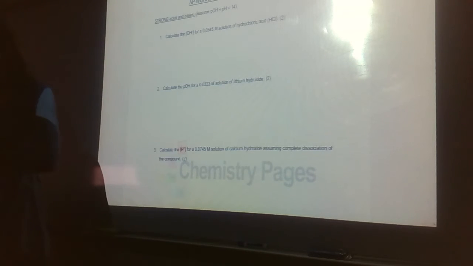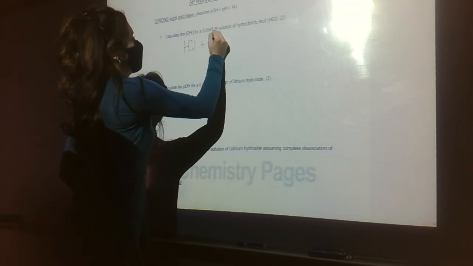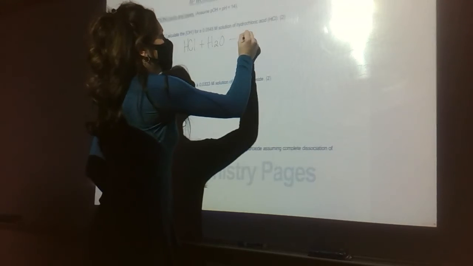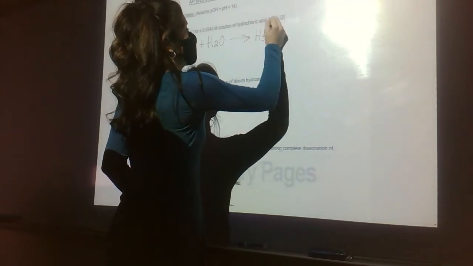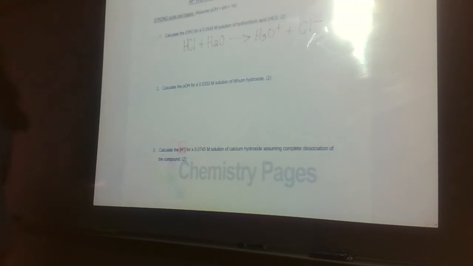Calculate the hydroxide concentration for a solution of hydrochloric acid. Confusing, right? Hydrochloric acid is a strong acid. You put it in water and you produce hydronium and chloride.